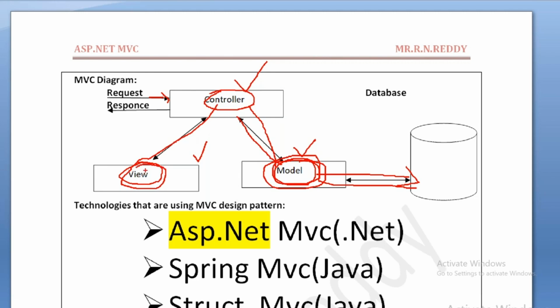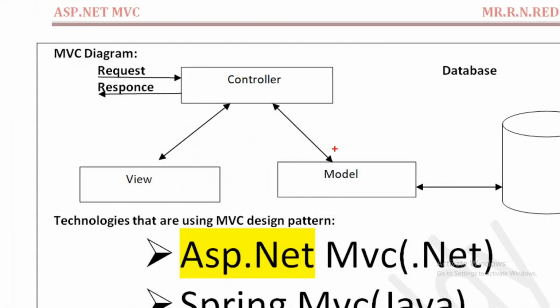View will prepare the UI and will give it to the controller. Controller will give it to the browser. Finally, browser will display the output. Here you have to remember one important point. Controller is acting as a mediator between view, model and browser also. Observed? So here you will write .NET code, here UI code, here we will write the execution logic.